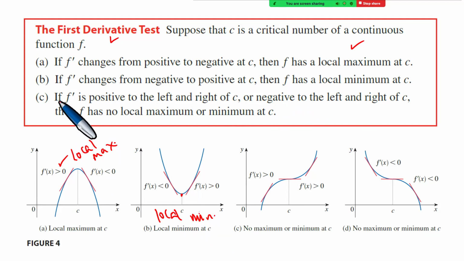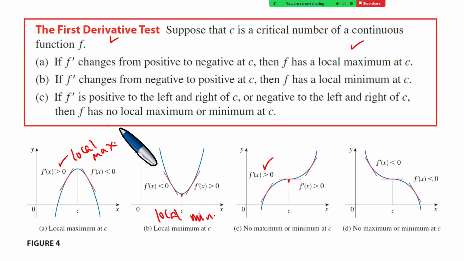If f prime is positive to the left and right of c, or negative to the left and right of c, then f has no local max or minimum at c. You're able to see that at this point, f prime is positive here, and it is positive there. Here is the number c. You can see that f prime is positive to the left, but also to the right is positive.